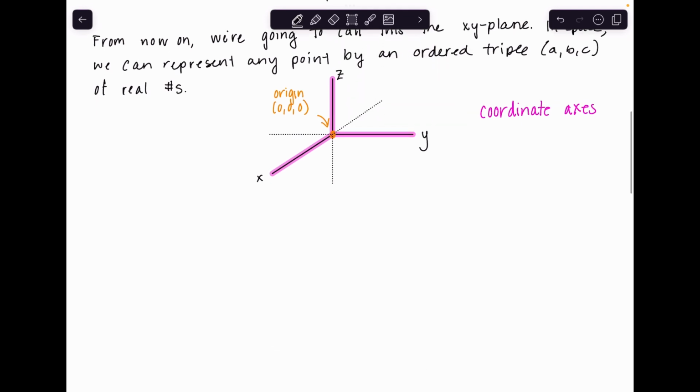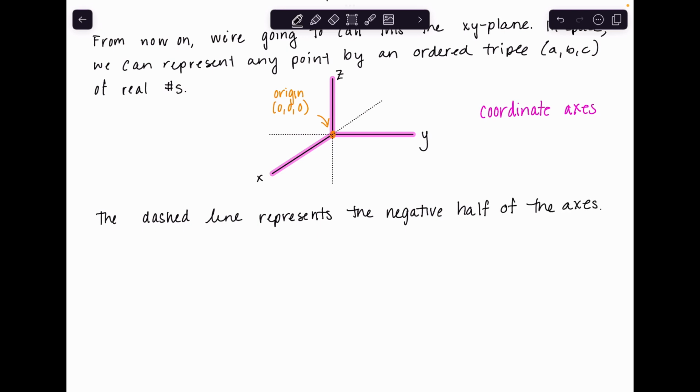So this dashed line represents the negative half. So while you're getting started out, it makes a lot of sense really to just draw the positive ones, because if you have to draw these negative values, it gets really muddled. And while you're starting out, you want to try to keep it as clean as possible.